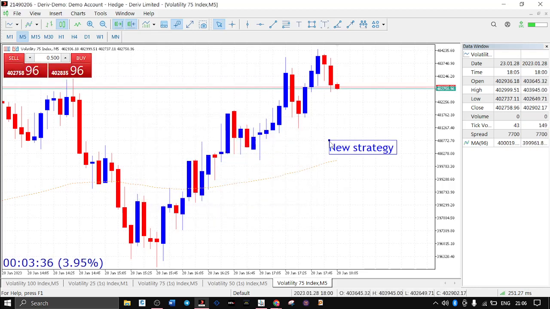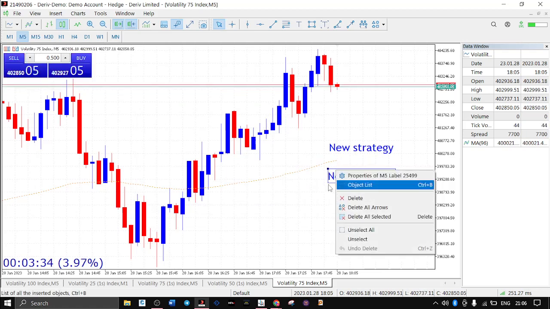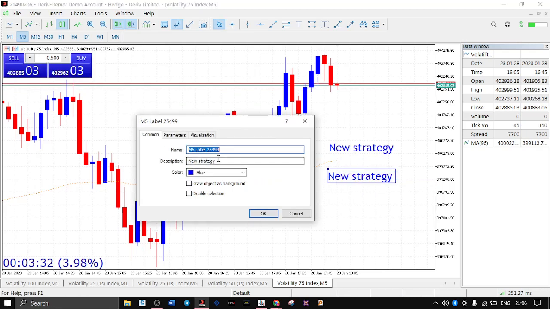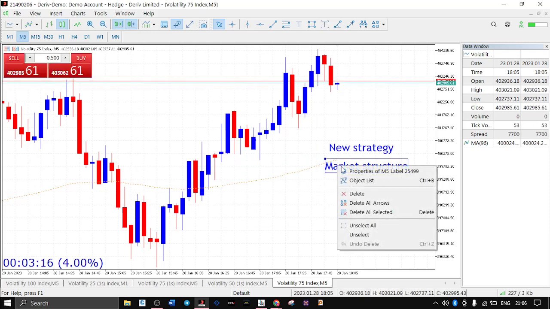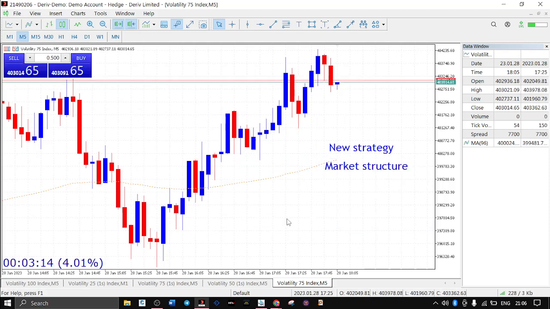I'll cover something small about market structure, and I think I'll call it a day. The more you observe something, the more you see something phenomenal.